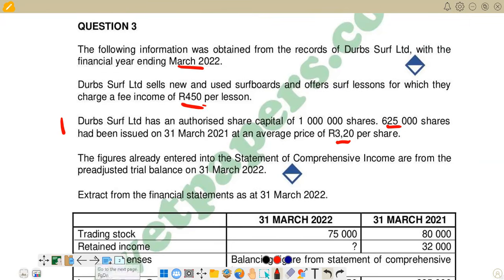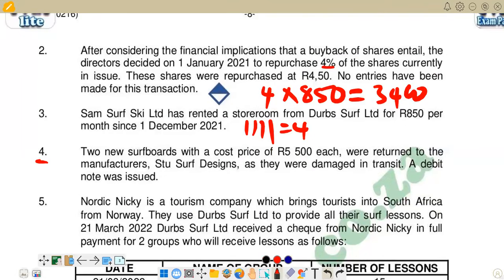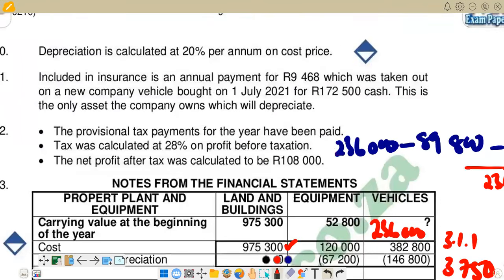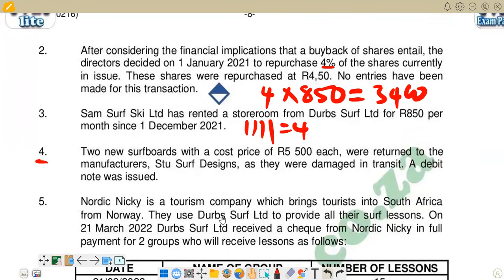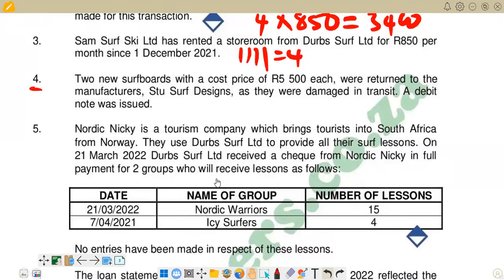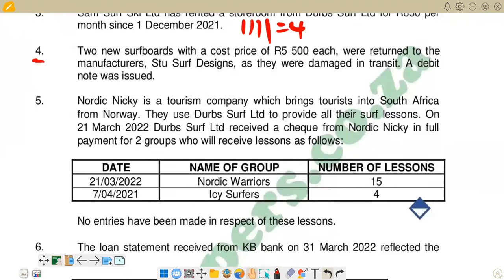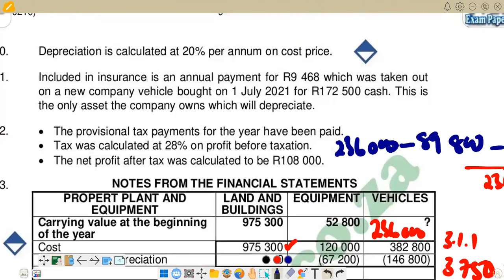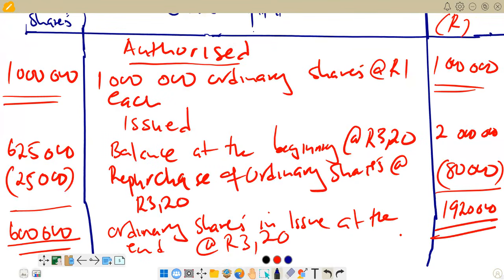So for those 4 that are being paid in advance, or the income that we are receiving in advance, we multiply by 450. So there are 4, so we say 450 times 4. And if we multiply that one, we get 1,800. So this one is going to be our income prepaid that we are going to put there in our trade and other payables.